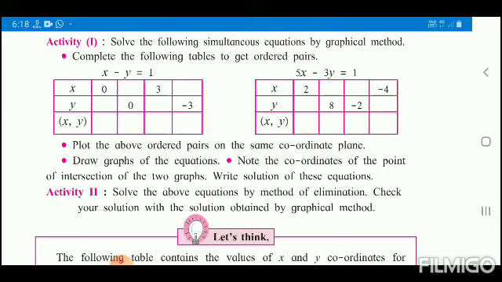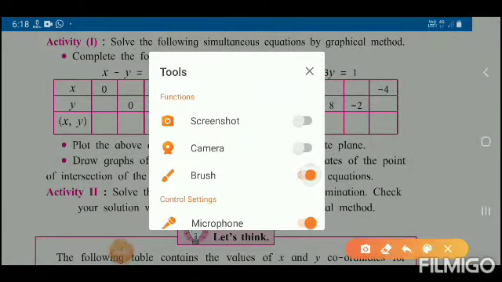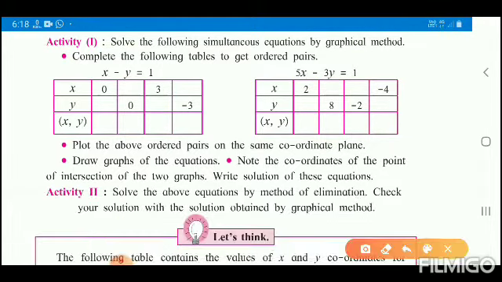If you see, the first equation is x minus y is equal to 1. Suppose in this equation the x value is 0, then what is the value of y?